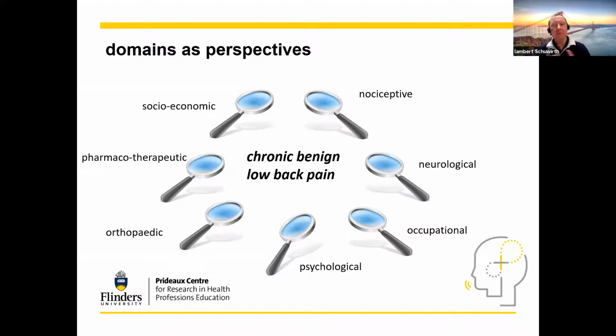And what I did with my patients was constantly looking at where do we tweak? Can we get most gain? So it was constantly using a different lens or a different magnifying glass and looking from a different perspective on that complex phenomenon of chronic benign low back pain.